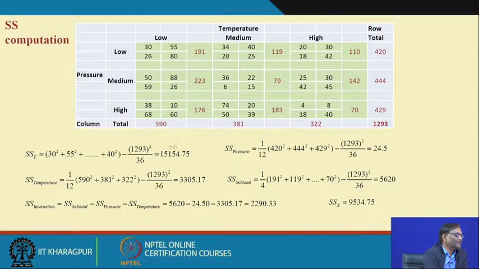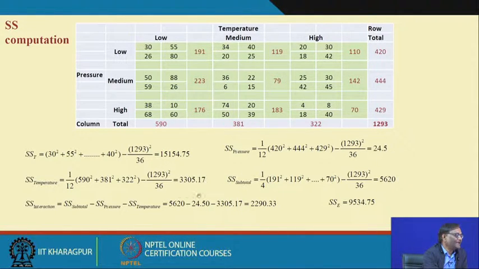This gives you the SST value. For SS pressure we have 3 row totals, 420 squared, 444 squared, 429 squared, divided by bn, where n is 4 and b is 3, so 12, minus the correction factor, giving 24.5.